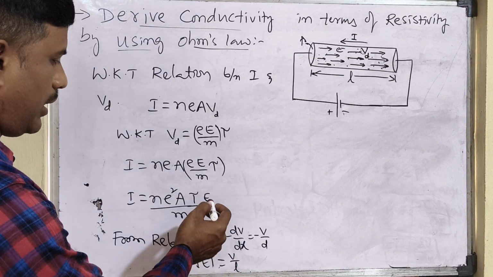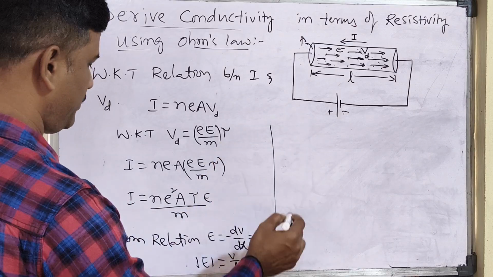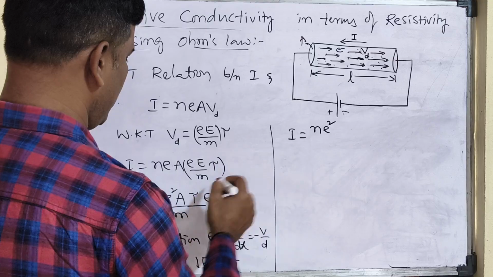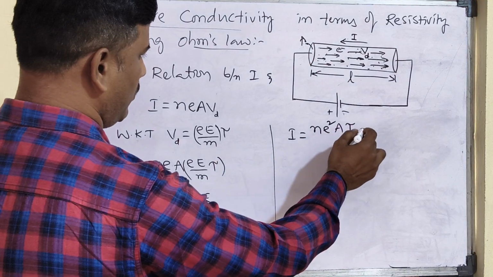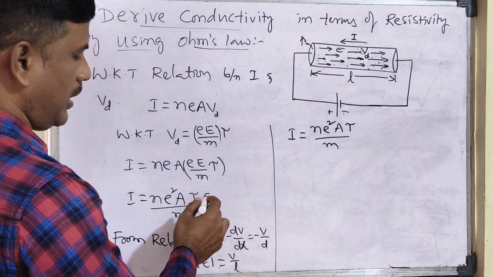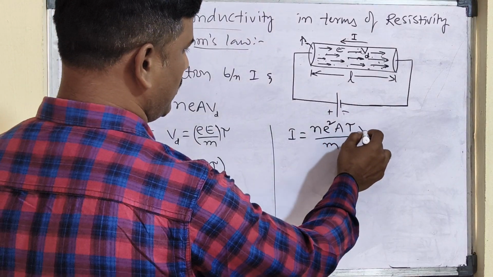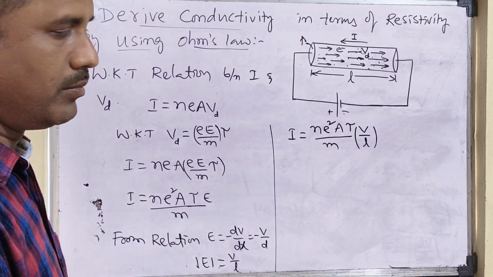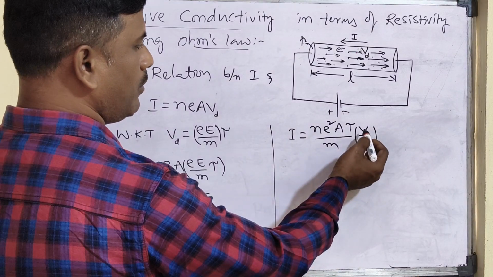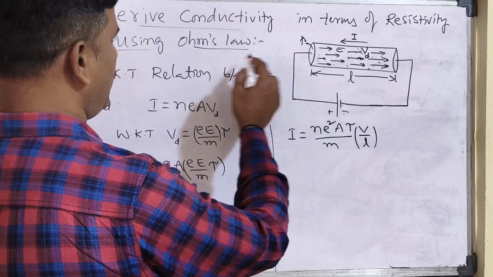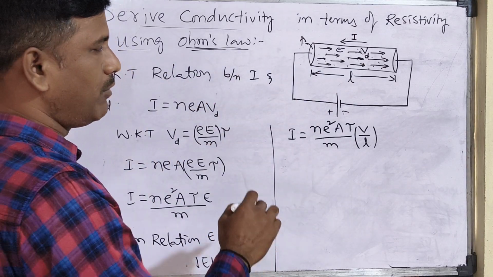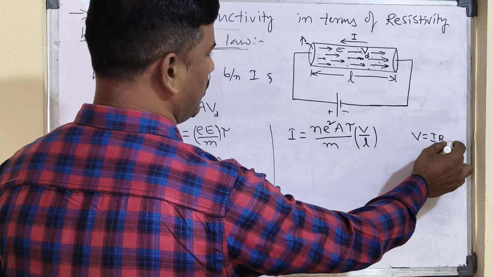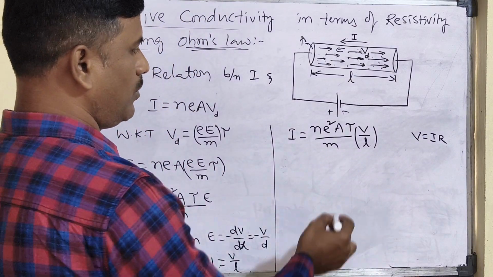Clear? Now substitute the E value here. So now I is equal to n e square A tau divided by m. E value, what? V by L. So V divided by L. Understood? Right. Now here, already we know Ohm's law. By using Ohm's law, what is the Ohm's law formula? V is equal to I into R. Now, I value is there.